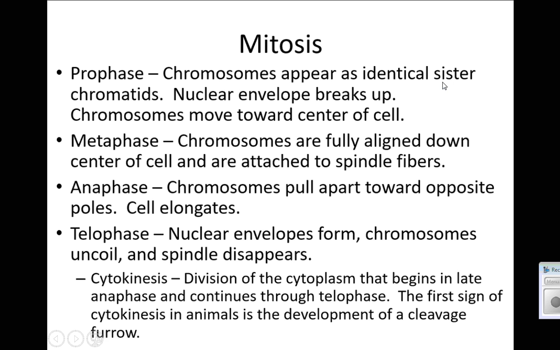One chromosome I can just easily draw. One chromosome would be that. But since they've duplicated, they form this X shape. Now, when they separate, they'll separate like they were when they were drawn by themselves. They're identical. This strand here is identical to that strand.